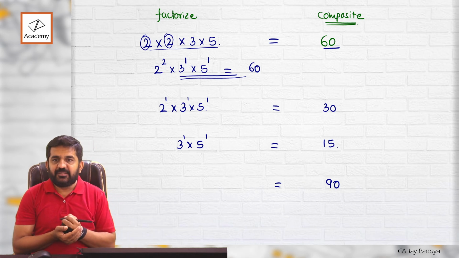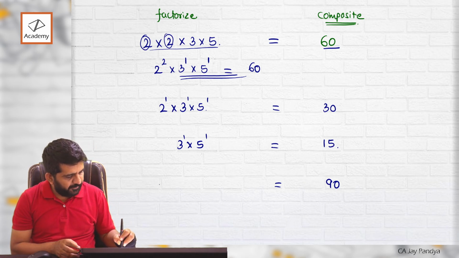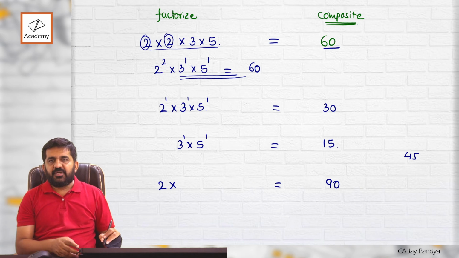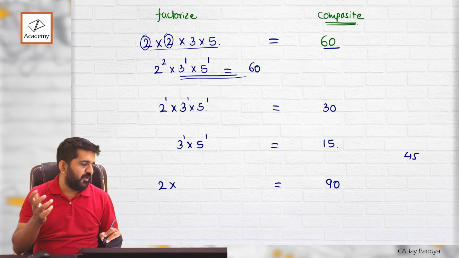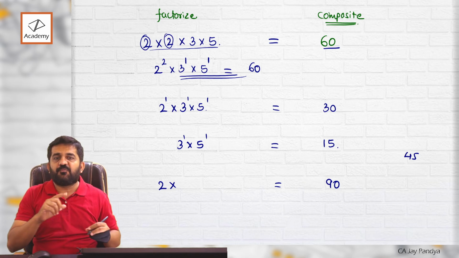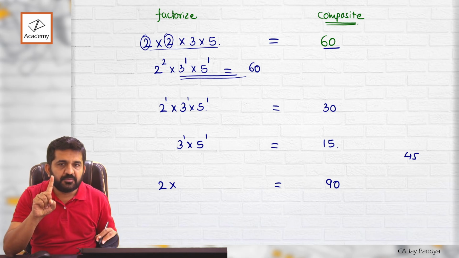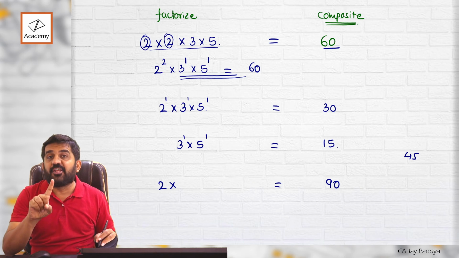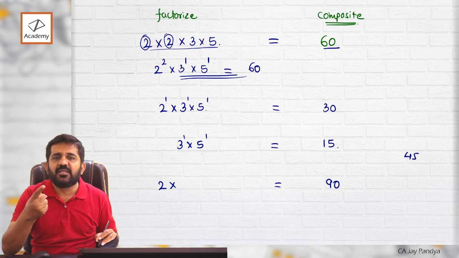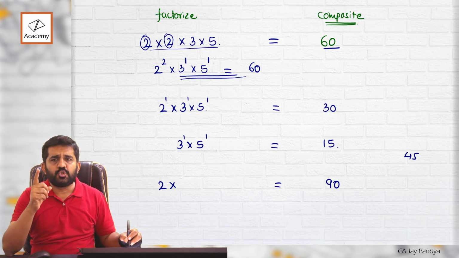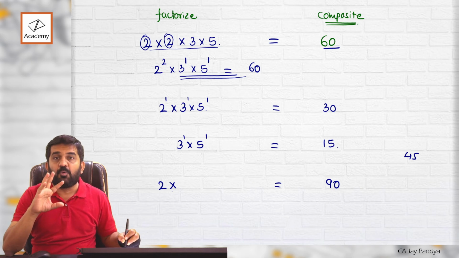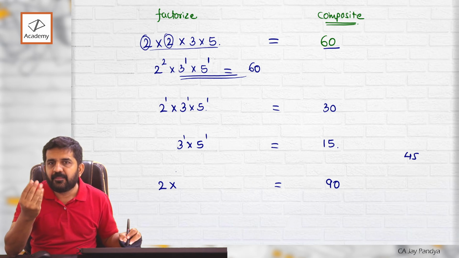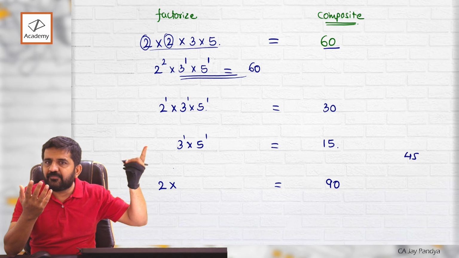Let us try out 90. See how I do it. 2. The remainder will be 45. Dividing by 2 is always half, and half of 90 is 45, right? Once 45 comes, now I will not write down 2, because I know it is an odd number. 2 is written only when there is an even number, right? So 2 multiplied by, now what is remaining? 45. 45 comes in the table of 5. 5 nines are 45, right?